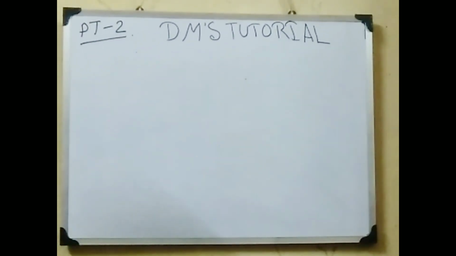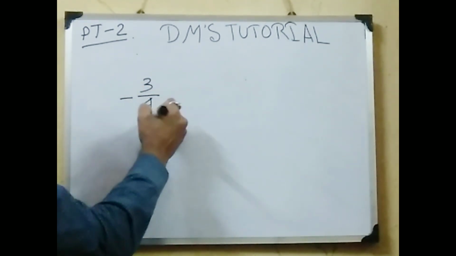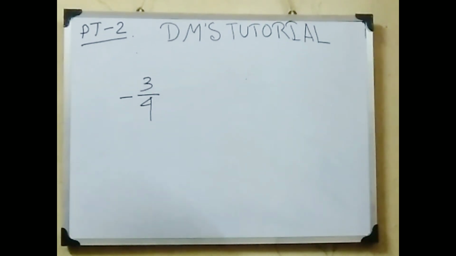So students, we have learned how to compare two rational numbers to see whether they are equivalent or not. Now, how to place a rational number on the number line. We will see the method. Here is the rational number minus 3 by 4.